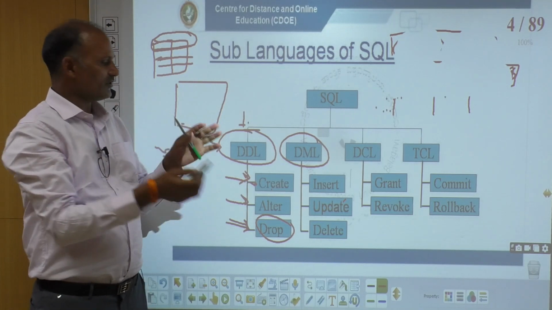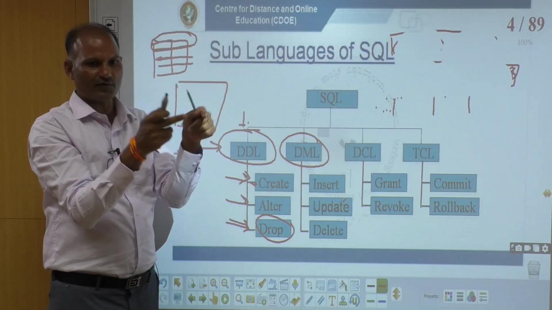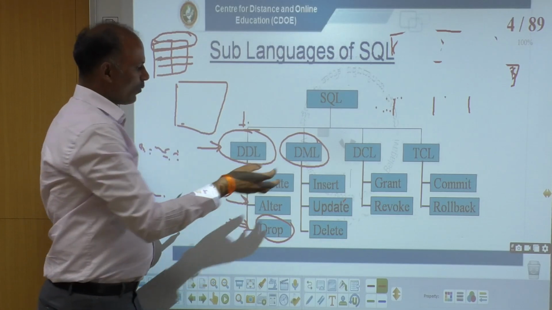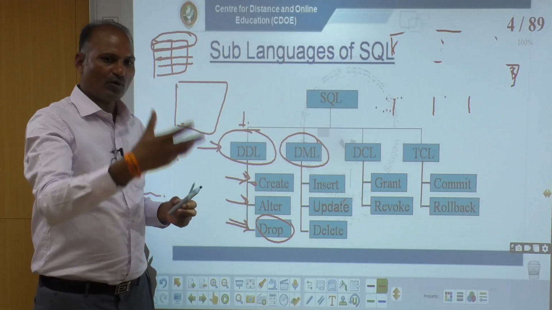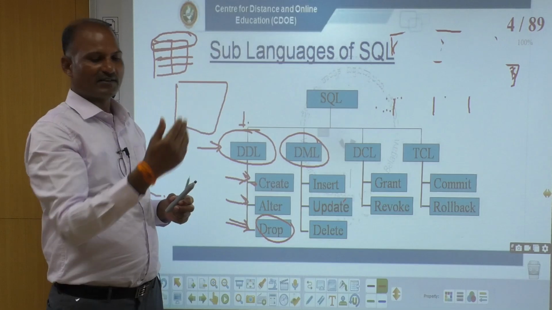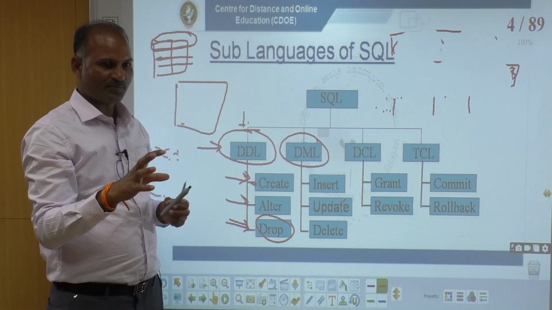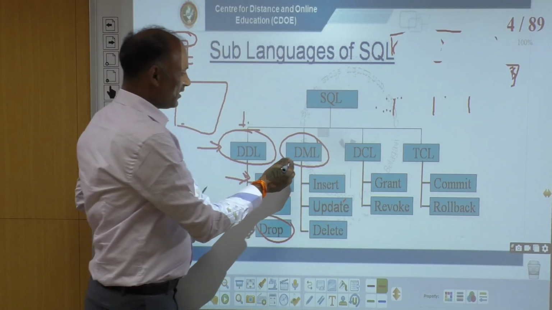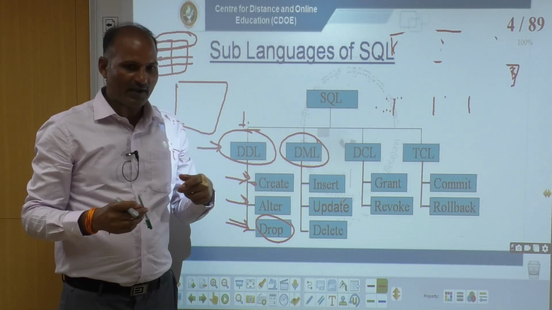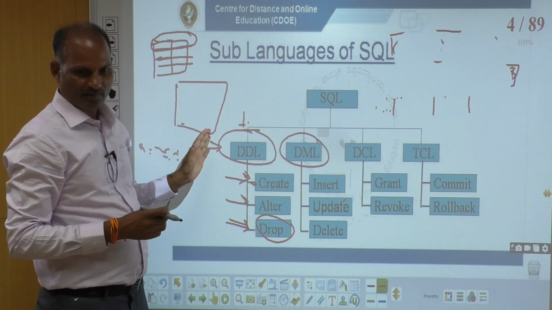Here we do not talk about the layout or outline of your table, or the relation, but instead we talk about storing and processing the data. Deleting means you are going to work with respect to the data. Data manipulation language is a language that works with the data, not with the layout.